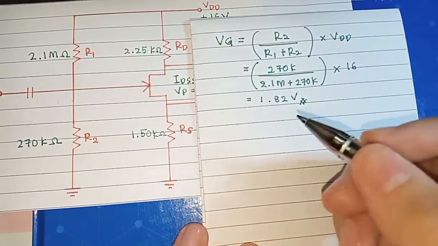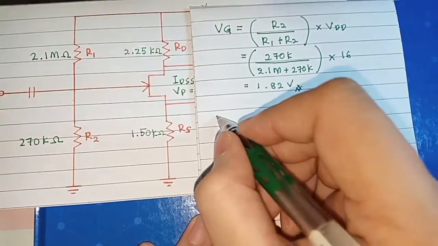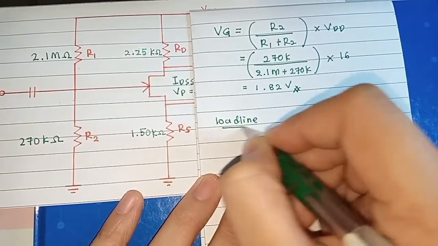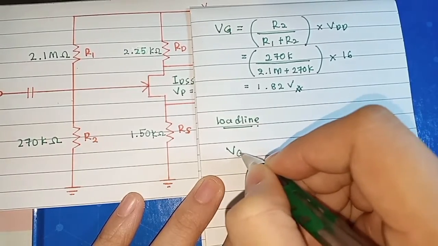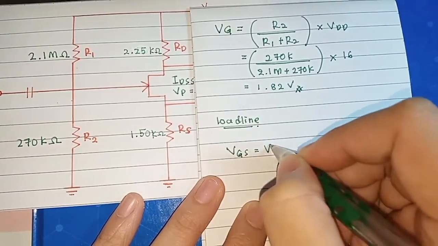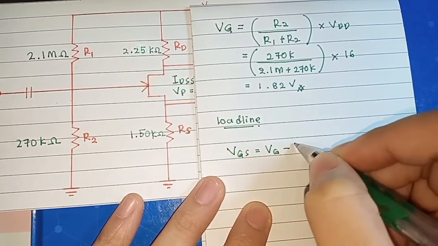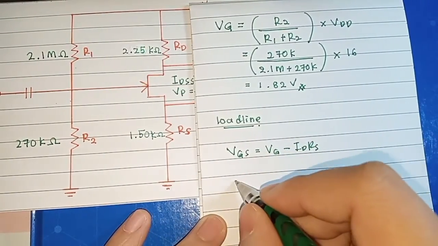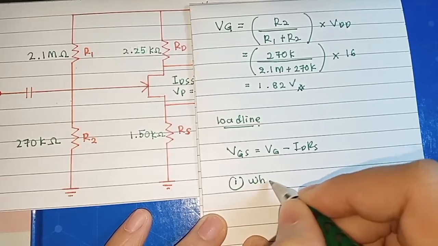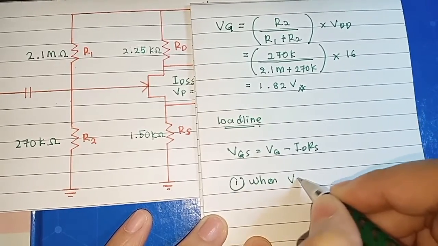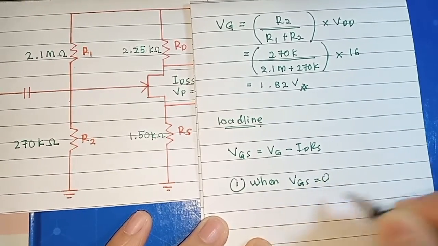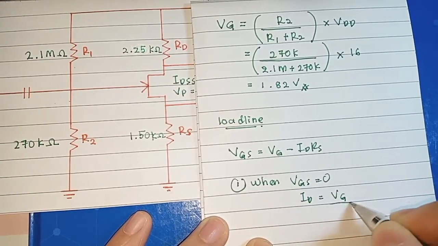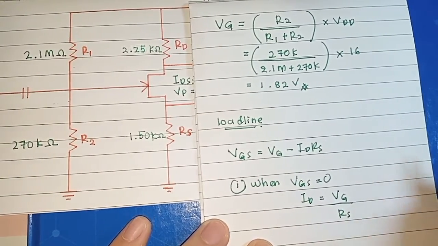Next, to find the load line, we use the formula VGS equals VG minus ID RS. When VGS equals 0, then ID equals VG over RS.